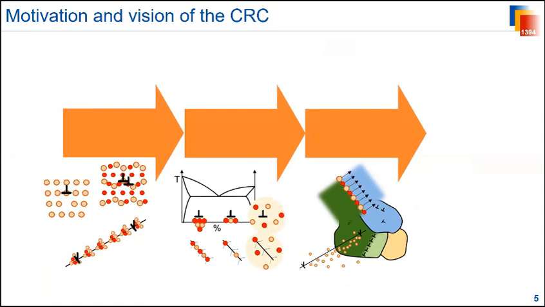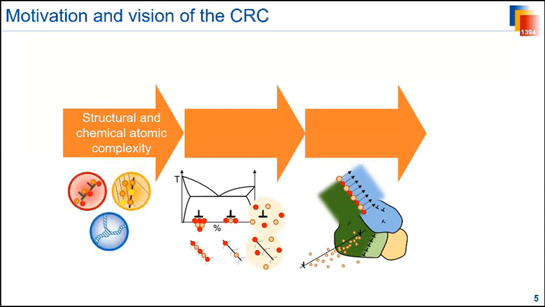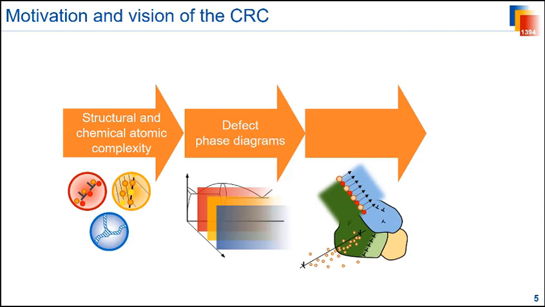Now, the natural starting point to structure our research are the defects themselves, or rather the structural and chemical atomic complexity of defects. And what we want to do then is to describe and predict defects, and we want to do this in a coherent framework, the defect phase diagrams.